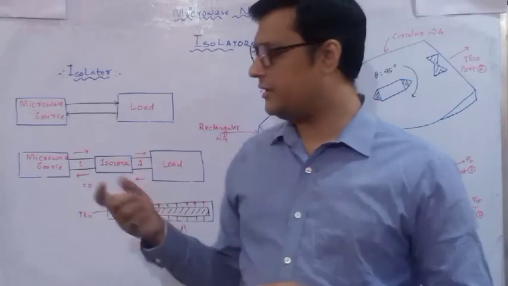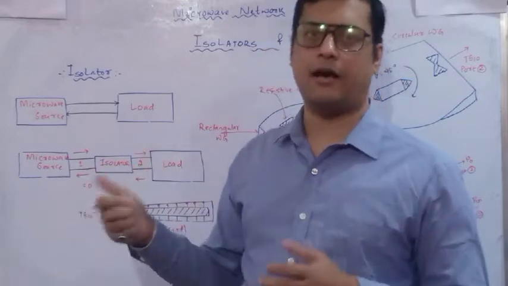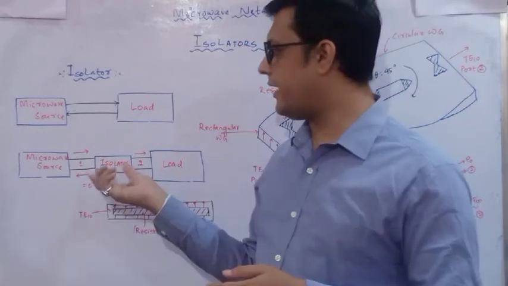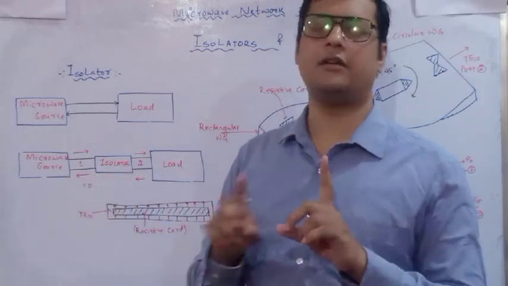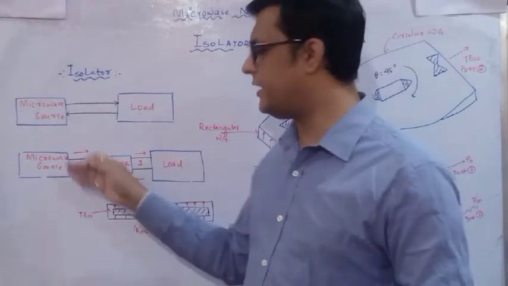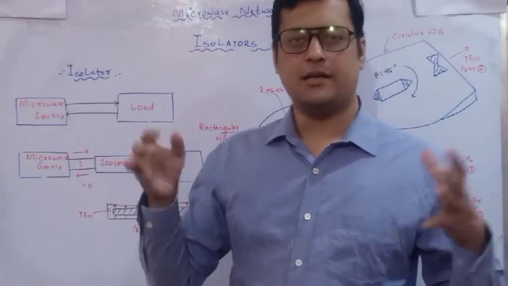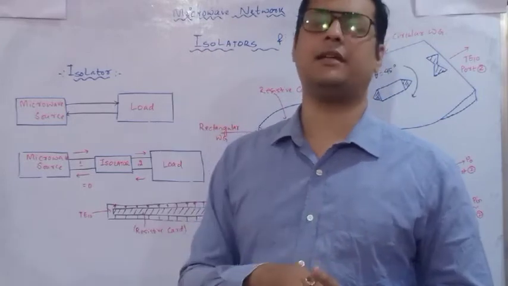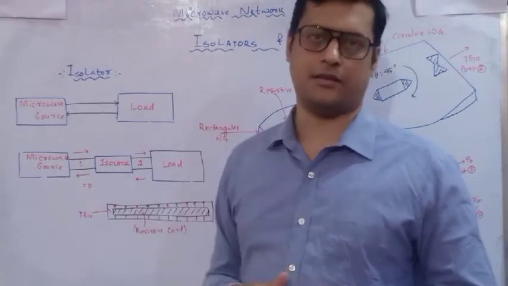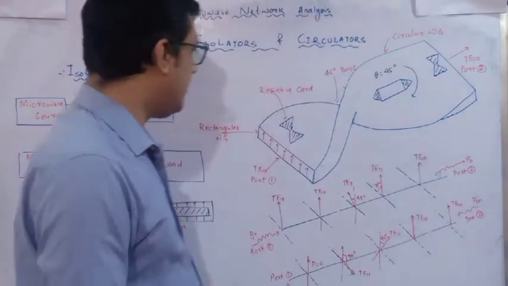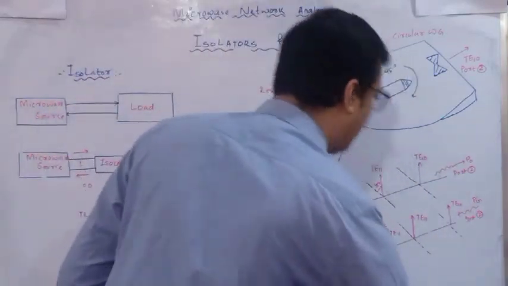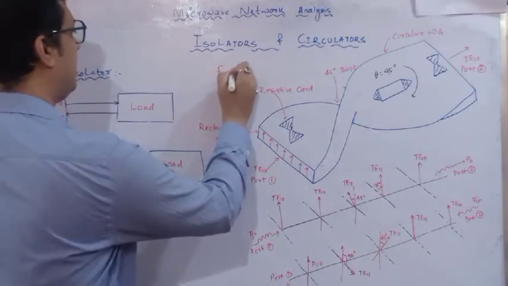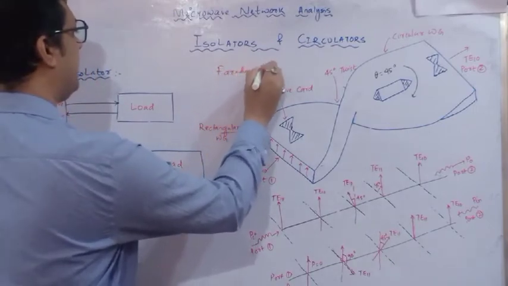But when the magnetic fields are reverse in nature, those reversible magnetic fields are absorbed by the isolator, and only the electric fields are going to propagate in the reverse direction. But it also has a certain property which will suppress the electric fields. That we will discuss now. Okay. So here you can see this is called a Faraday isolator.